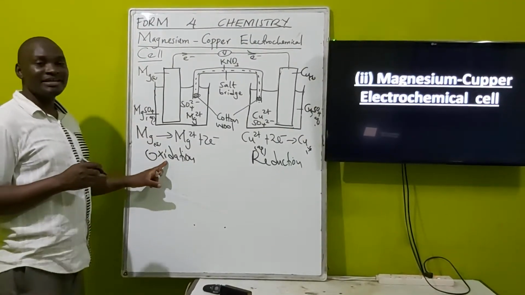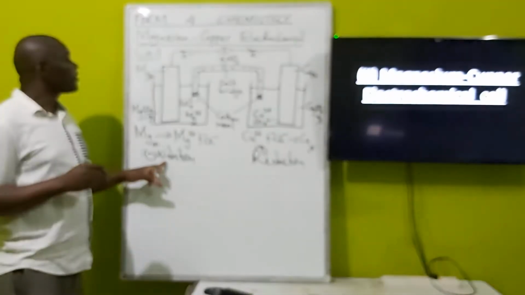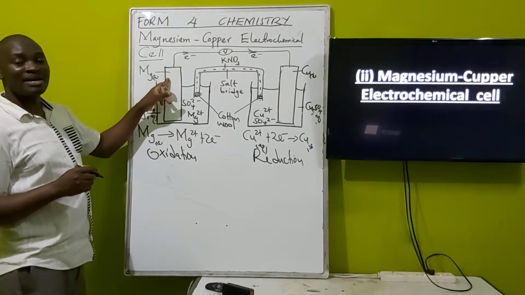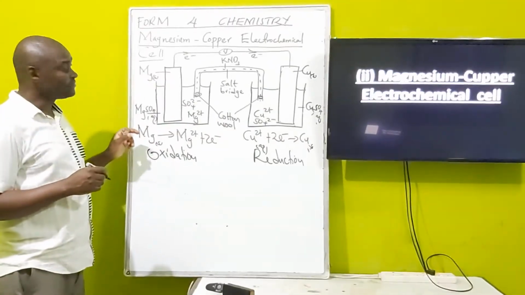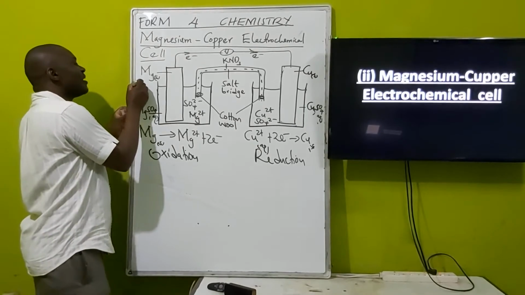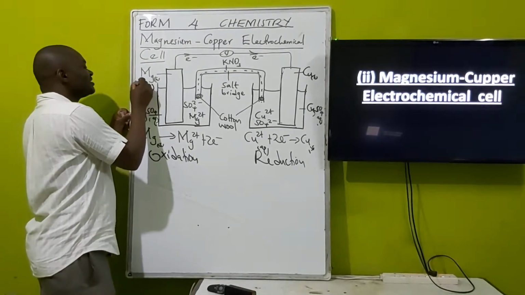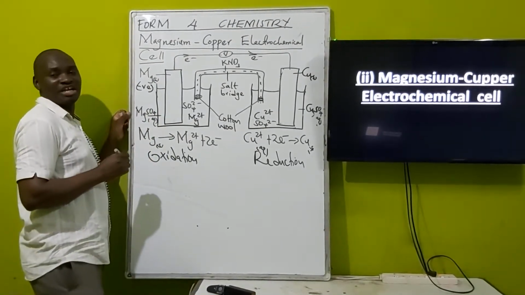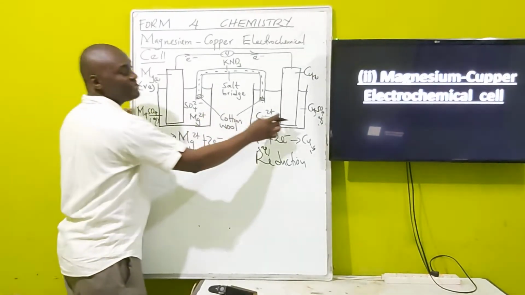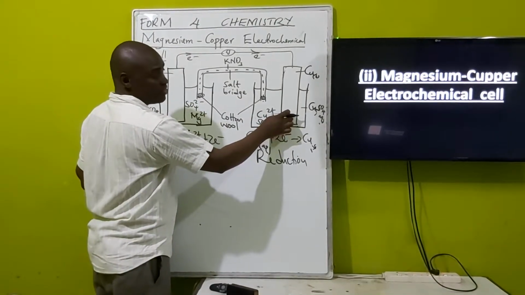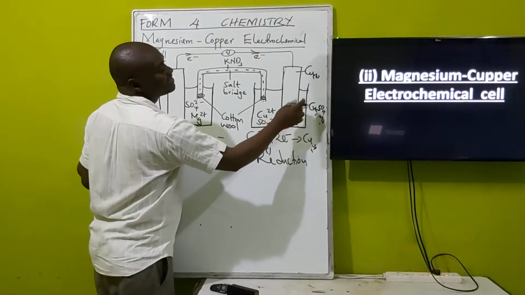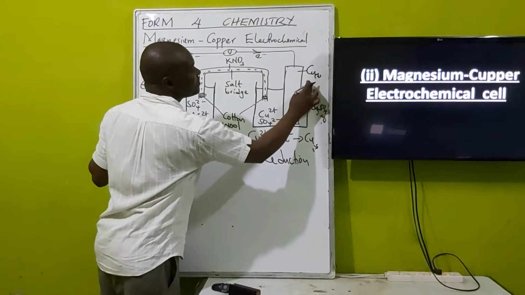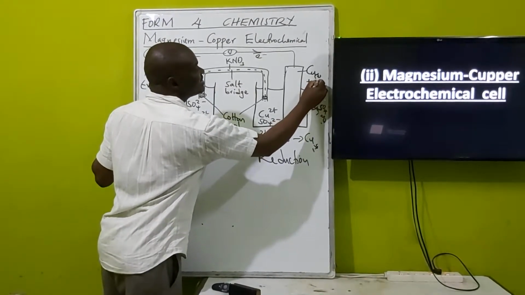So, because we have more electrons on this magnesium electrode, it is the one that is negatively charged. Because we have fewer electrons here on the copper electrode, it is the one which will be positively charged.